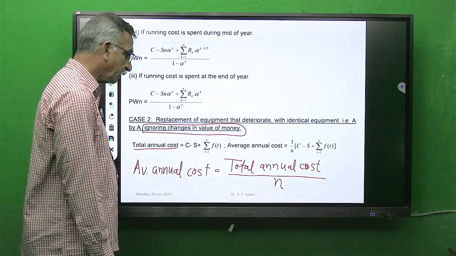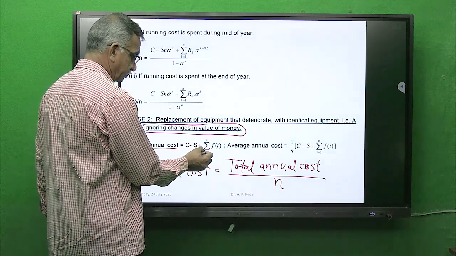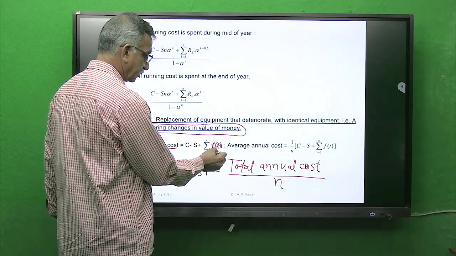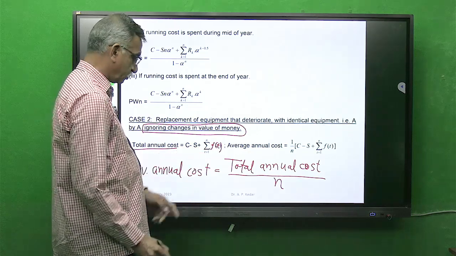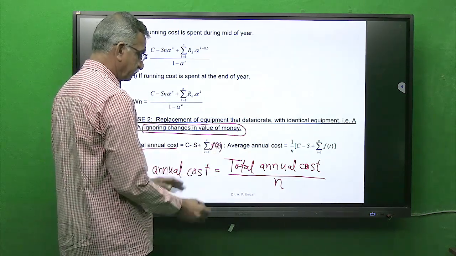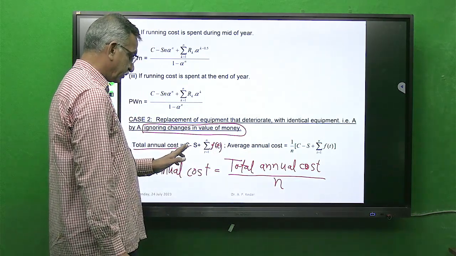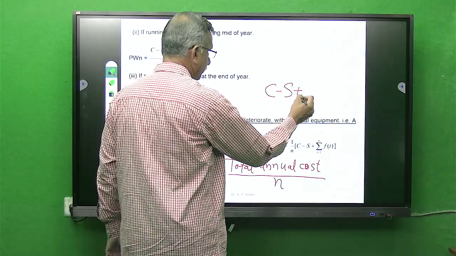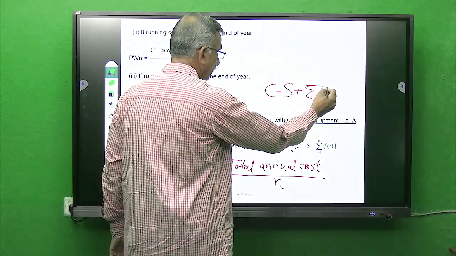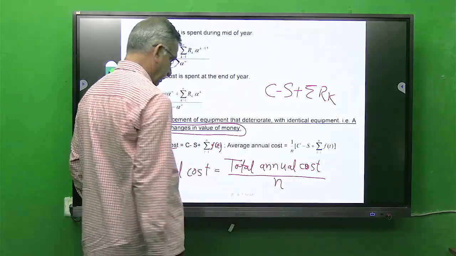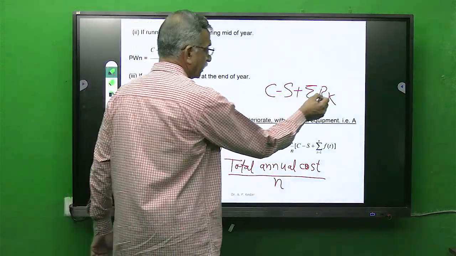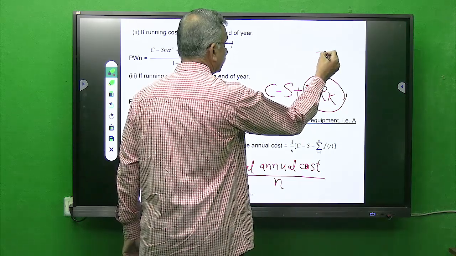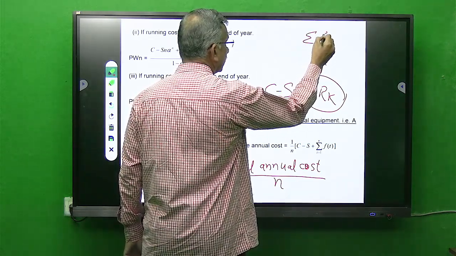Now in the last lecture I said this summation ft is nothing but the running cost. So you may find in some textbooks it is c minus s plus summation rk. This summation rk is equal to summation ft.